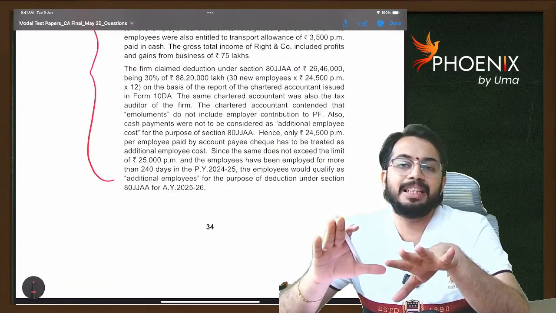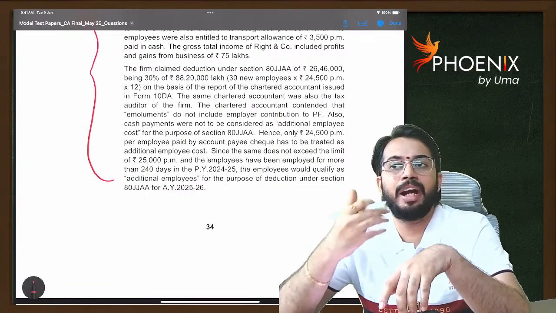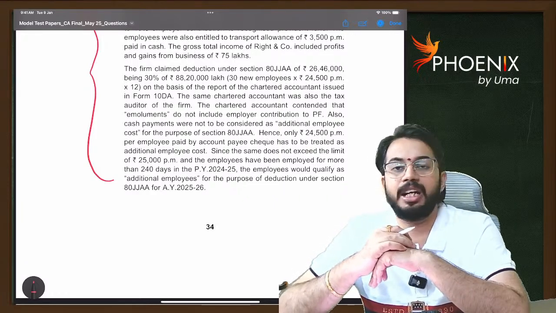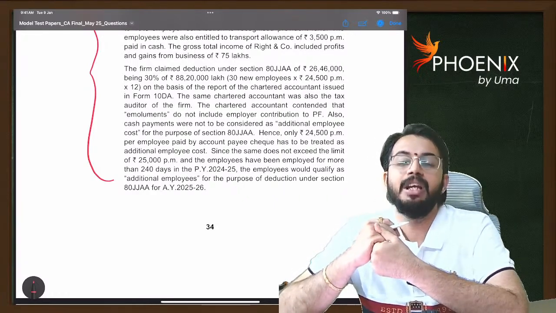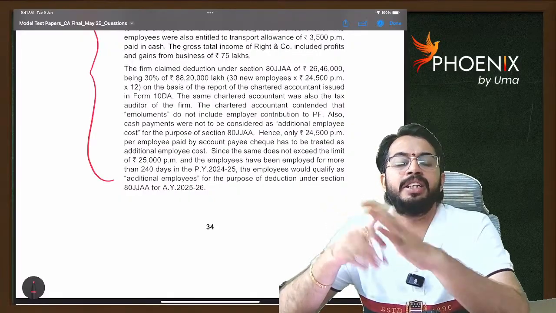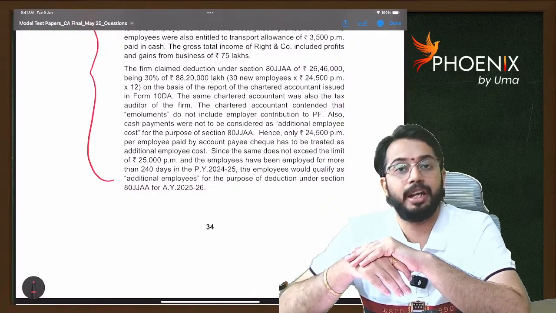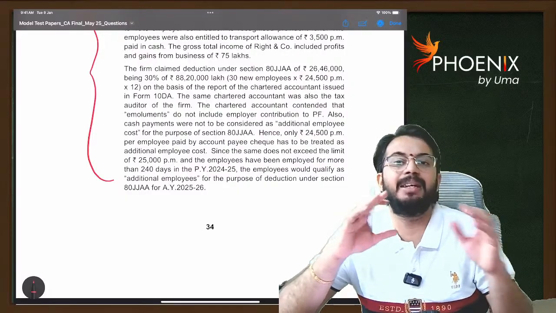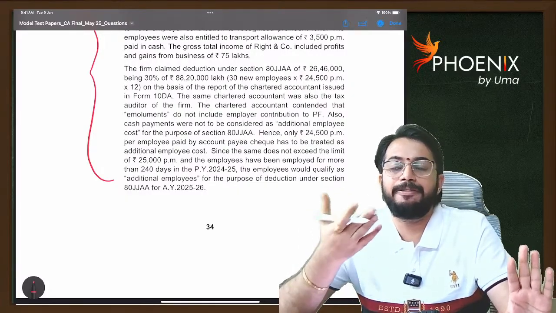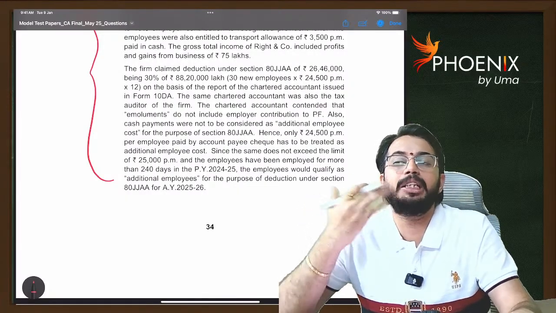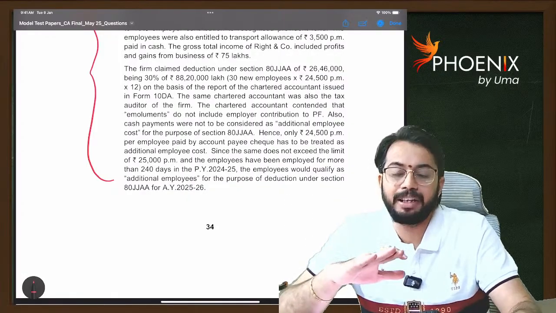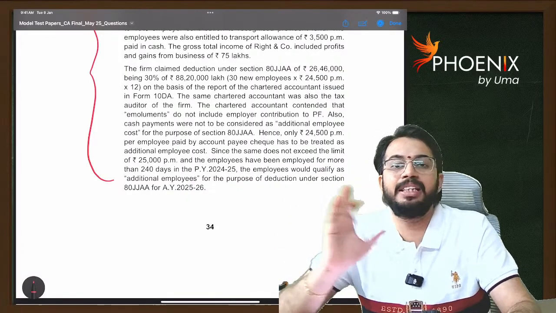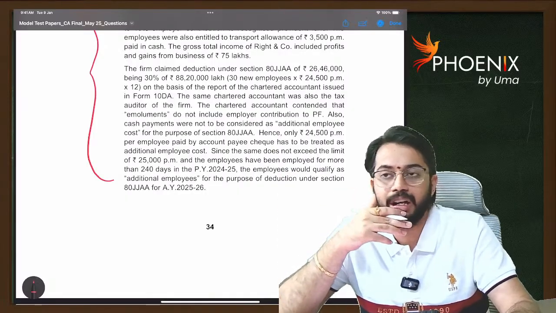In case a business is required to get its books of accounts audited under section 44AB, it is eligible for deduction under section 80JJAA. Generally, 80JJAA deduction is available for additional employee cost. Now, for that additional employee cost, there are some rules. If salary emoluments paid to the employee are less than 25,000, then only deduction under section 80JJAA is available. Otherwise, 80JJAA deduction is not available.